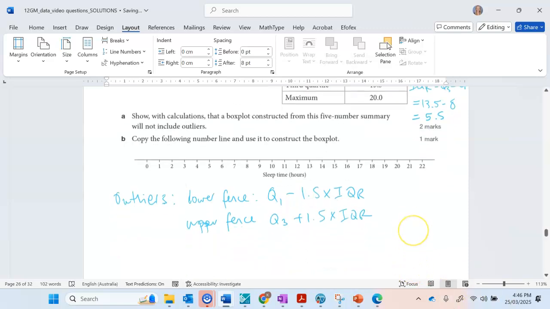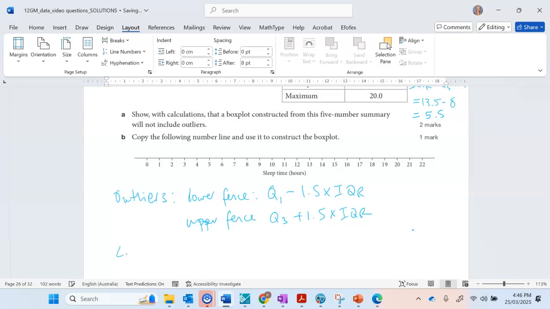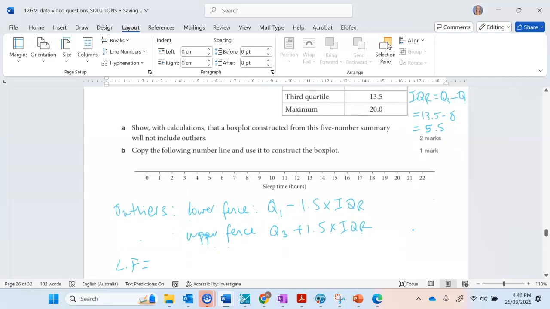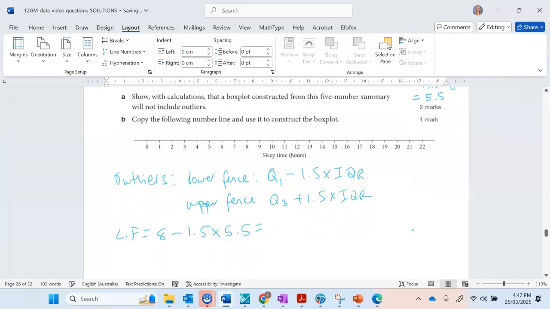All right, so our lower fence, let's just call it LF. Q1 was 8 from memory. So 8 minus 1.5 times your interquartile range, which is 5.5. We'll do that on the calculator in a sec. And then your upper fence is 13.5 plus 1.5 times your interquartile range.